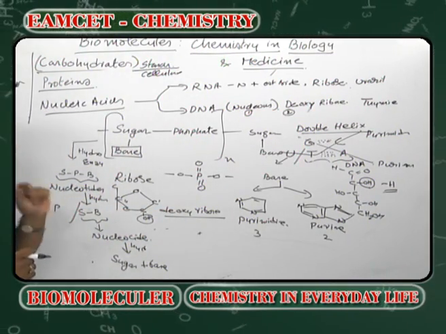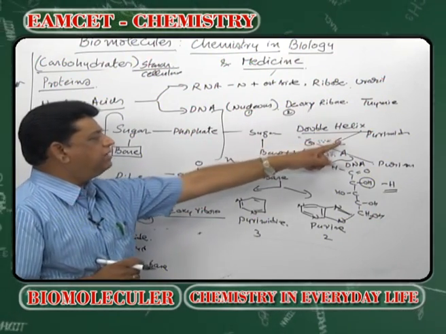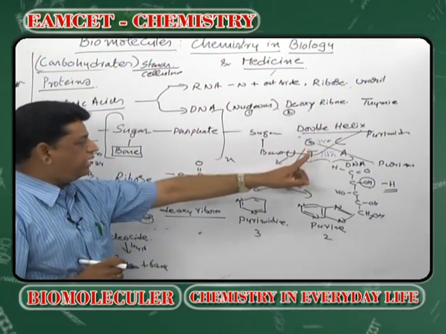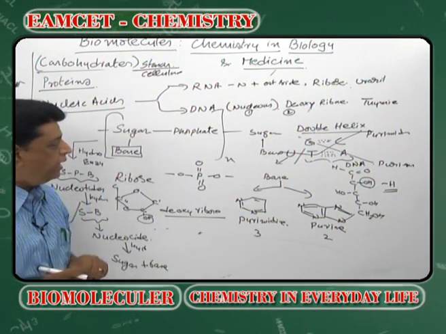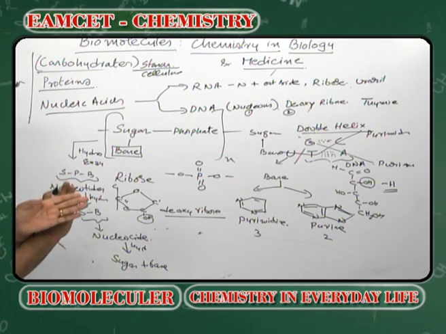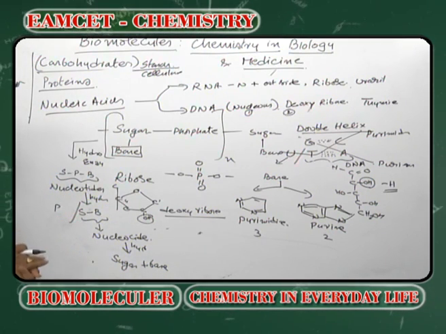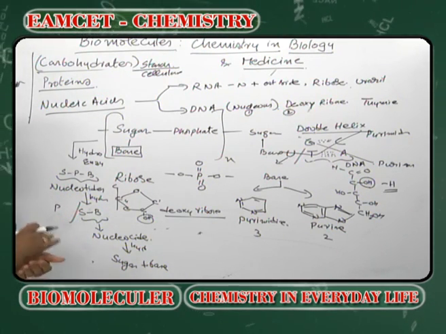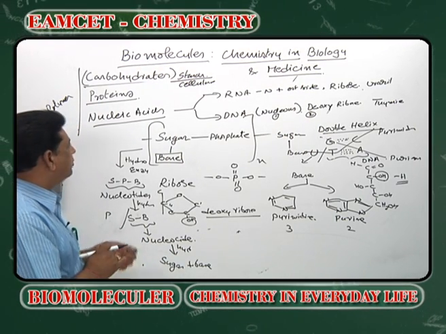The combination always goes this way: if guanine is there on one chain, it will be hydrogen bonded with cytosine. On the other chain, if thymine is there, it will be attached to the purine, that is adenine only. Like that, the long chains will be attached in a double helix manner, identified by Watson and Crick. They won a Nobel Prize for this.